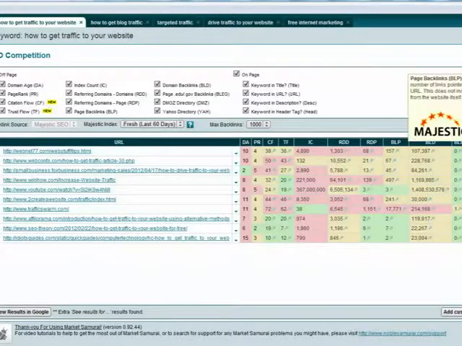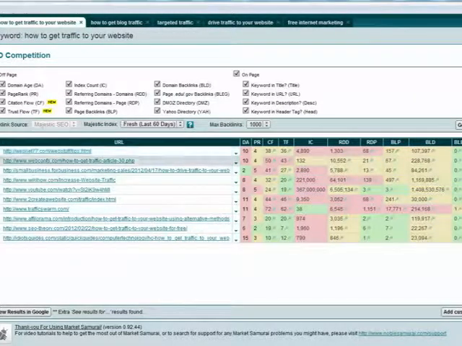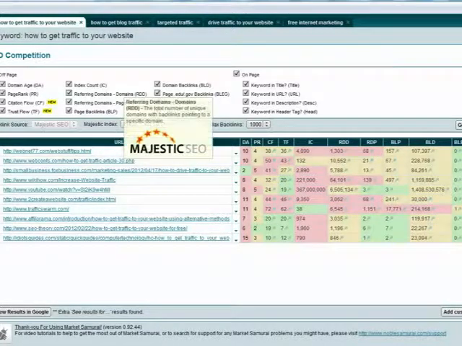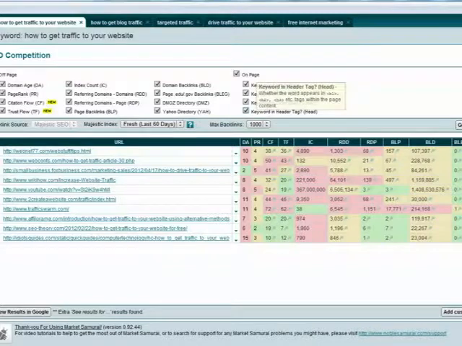If you go to backlinks, you've got 157, 67, 45, 497. So there is a little bit of room there for competition on how to get traffic to your website, but it's not ideal.